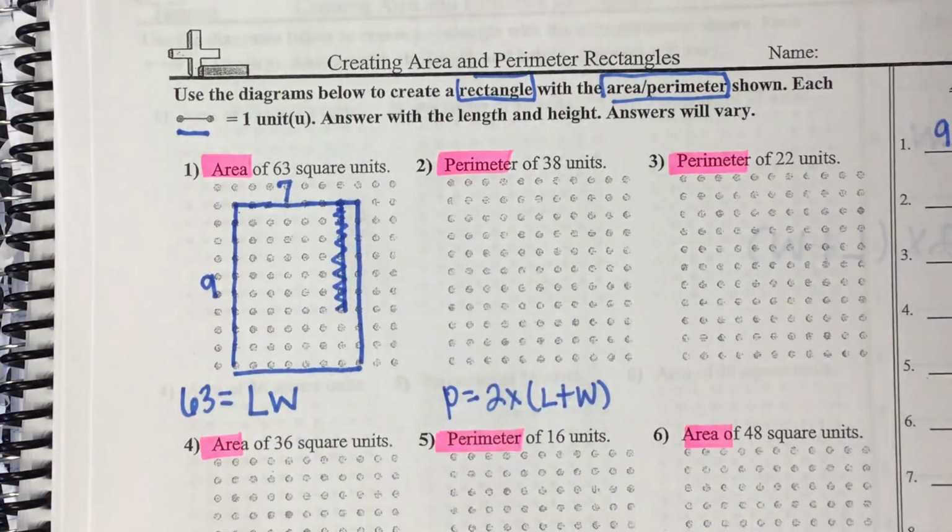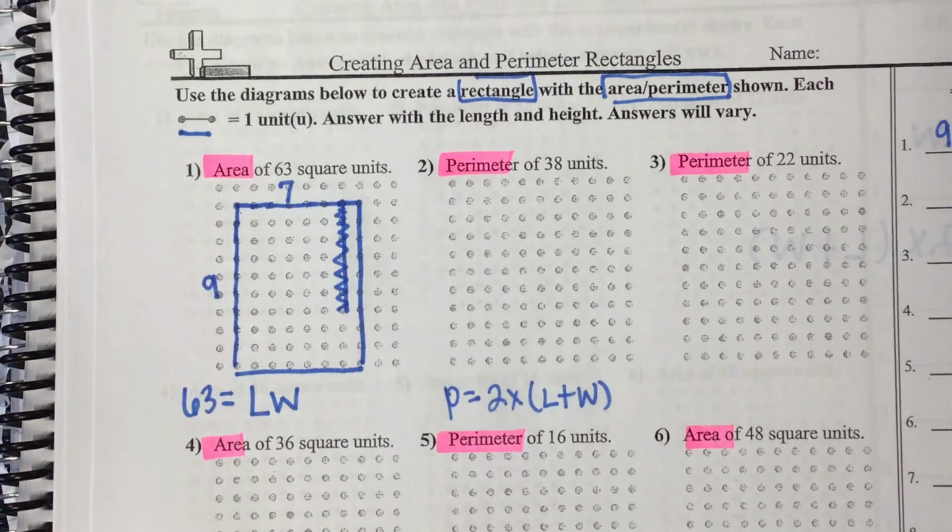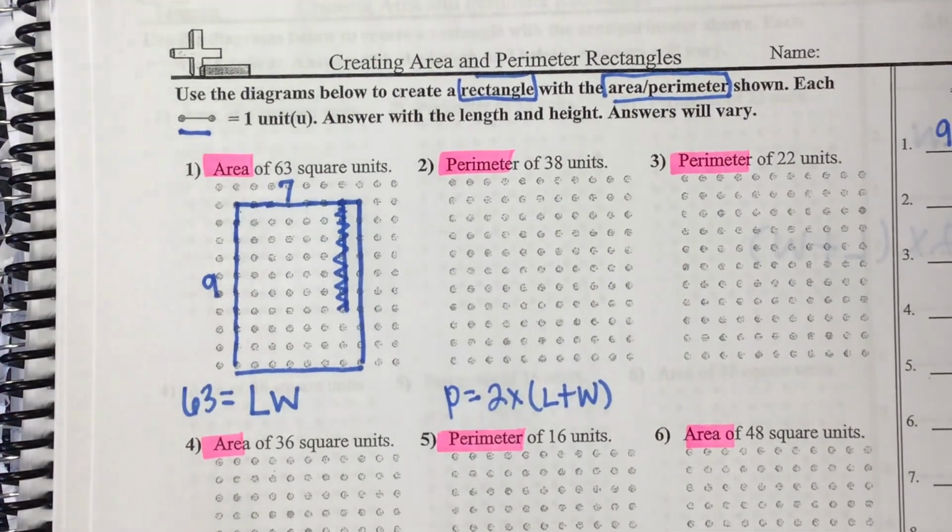Chop it in half. What is half of 38? Do you know half of 30? Half of 30 is what? 15. What's half of 8? 4. So half of 38 is 19.